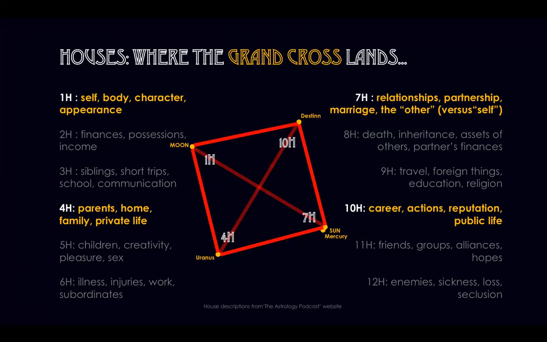So here is a summary of all of the houses that I have borrowed from the Astrology podcast website, and I have highlighted those houses that these 4 points are touching for me. Where are they touching for you?